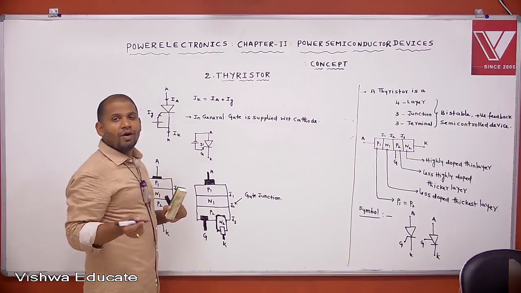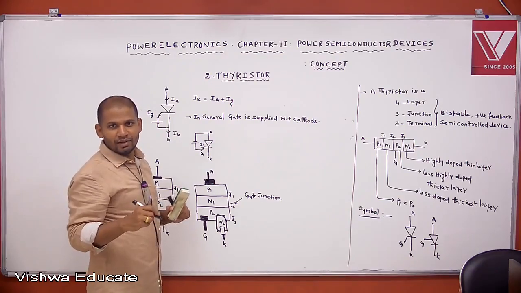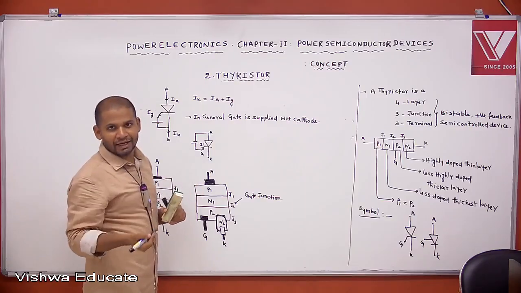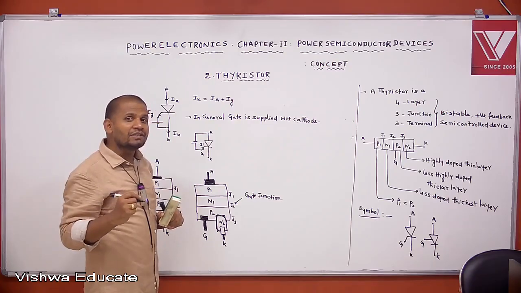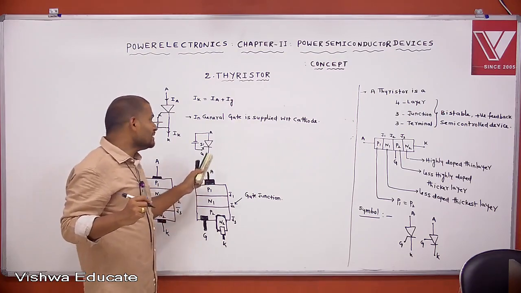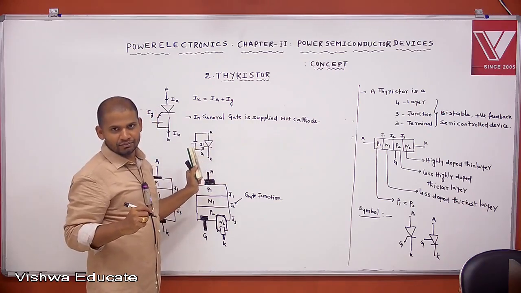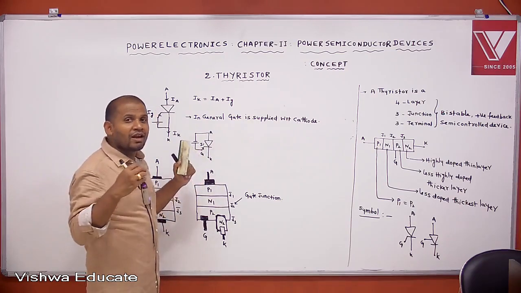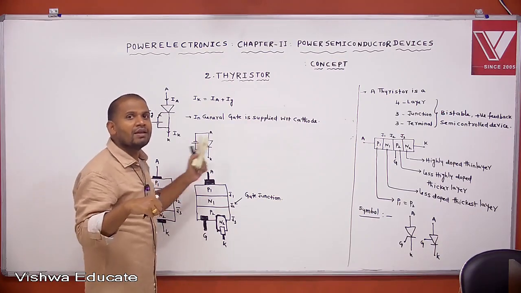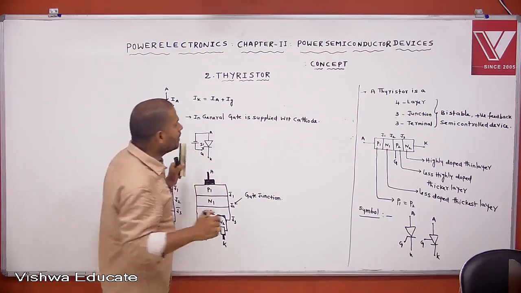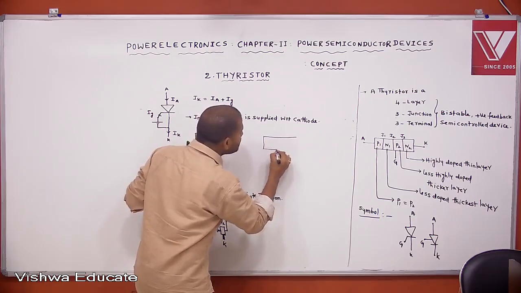For triggering of anode trigger SCR, it requires more gate current. But what is the advantage of this anode trigger SCR? These SCRs have high dV/dt capability. That means a large rate of change of voltage can be withstood by anode trigger SCR. Sir, why in anode trigger SCRs does it require more gate current?